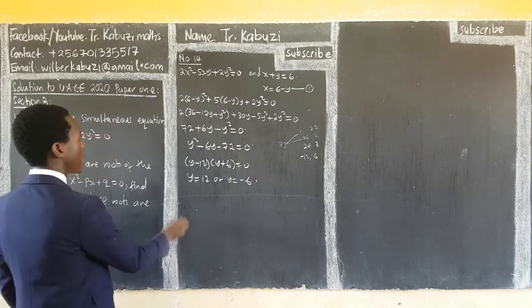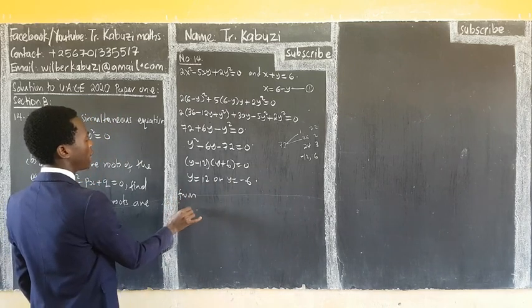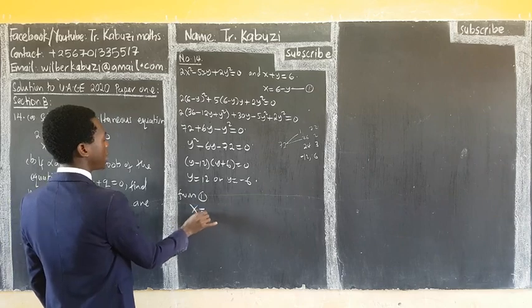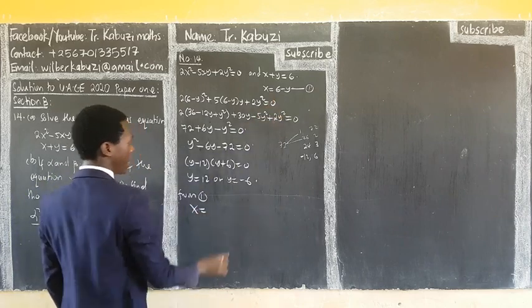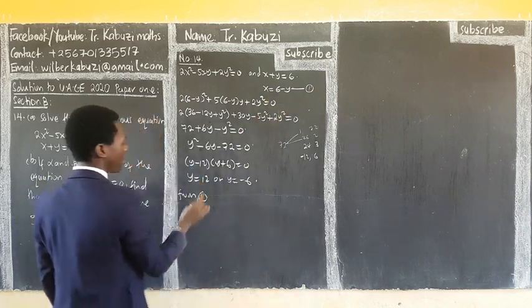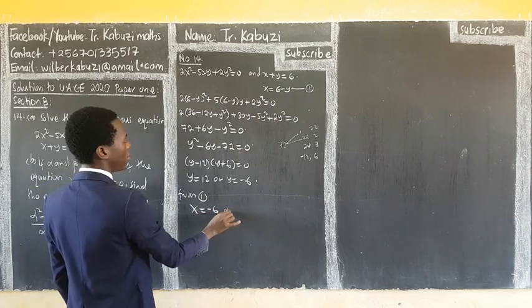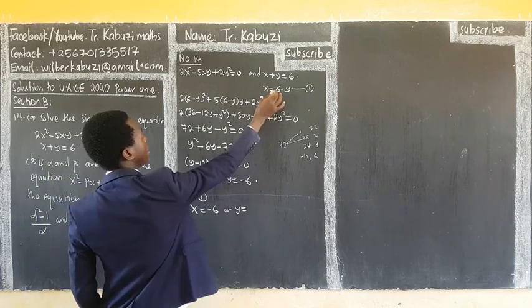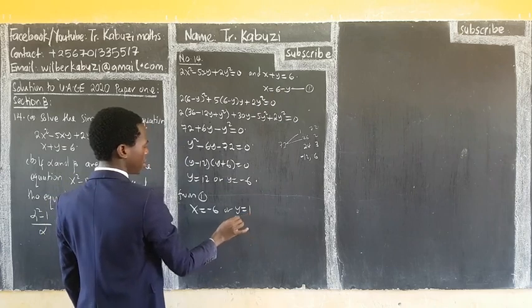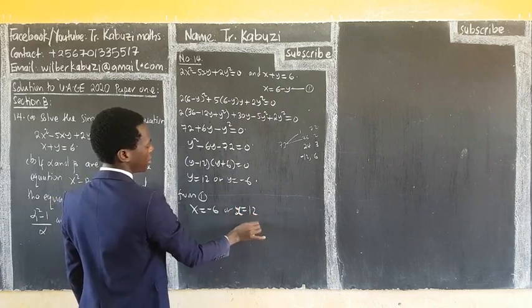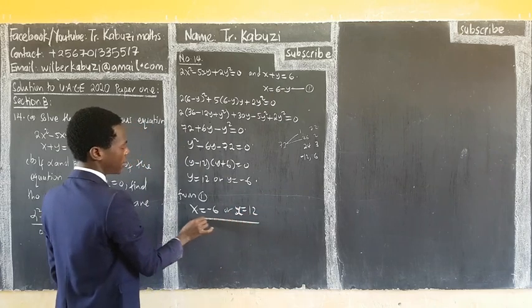So then from 1, our x is going to be, when I put here 6 minus 12, I get negative 6, or when y is negative 6, my x is 12. So those are the two values for this.